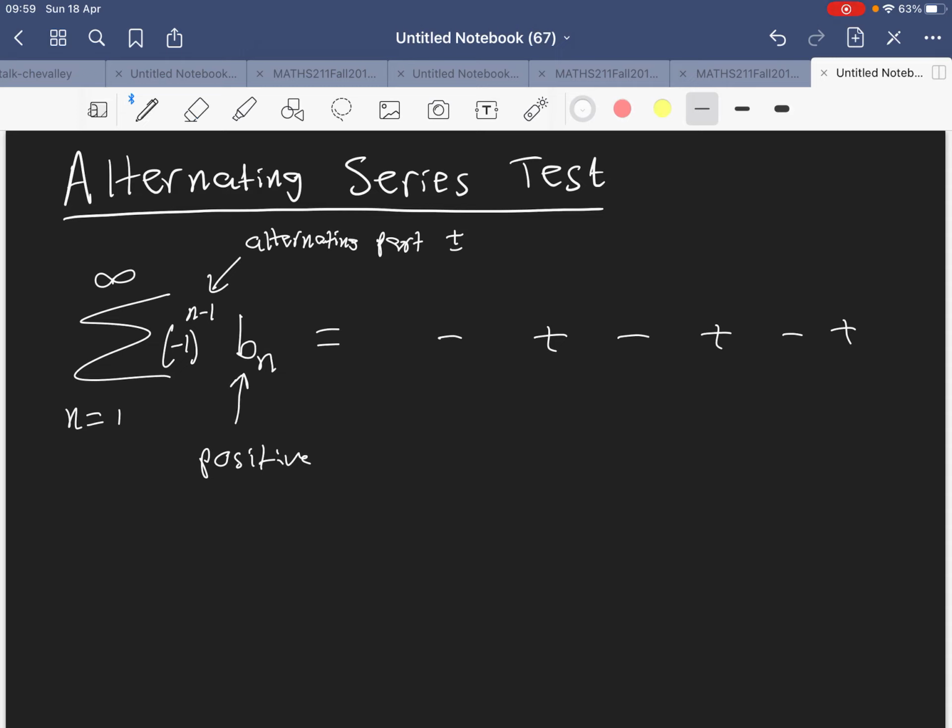If we write it down, it will be B1 minus B2 plus B3 minus B4, 5, 6, and 7, and so on. It doesn't matter if we start with a plus or minus. The only thing that matters is that it is plus minus, plus minus, plus minus, and it goes to infinity like this. And this is exactly the alternating series.